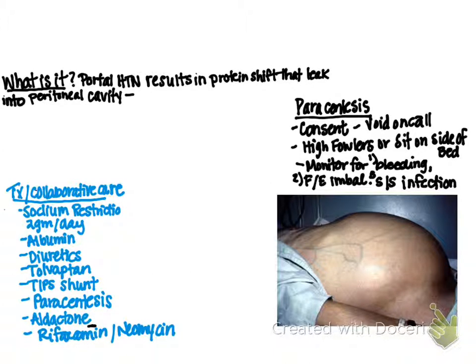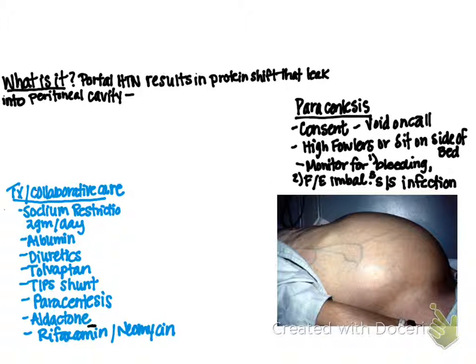Another procedure for ascites is the paracentesis. Make sure there's a consent. They need to avoid being on call to the OR. They need to be in high Fowlers or sit on the side of the bed for the procedure. And then you're monitoring after the procedure for bleeding because, again, they've got a whole puncture site. You're monitoring fluid and electrolyte imbalance, and you're monitoring signs and symptoms of infection.